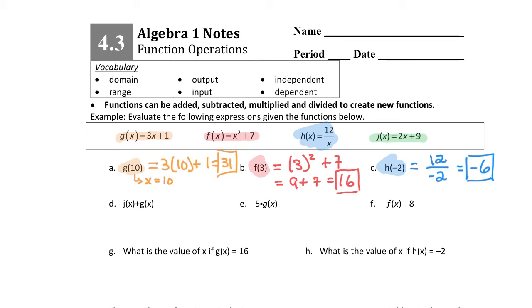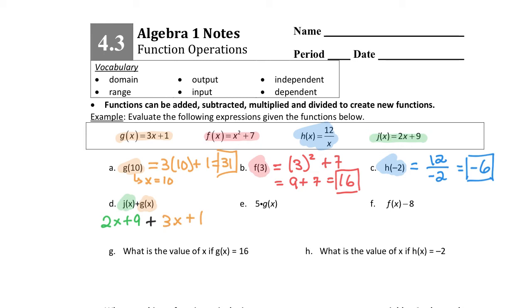For this first one, we've got j of x, which is the one function we haven't quite used yet. So we're going to replace that j of x with 2x plus 9. It's really substitution. So I've got 2x plus 9 and then the plus in between. Then we're going to take the g of x next and replace it right here.